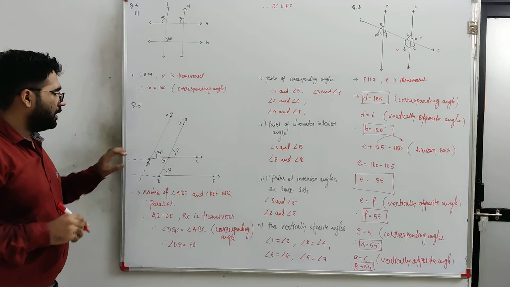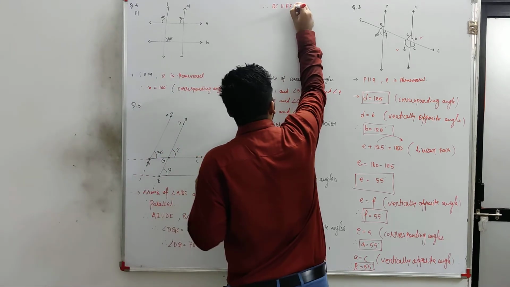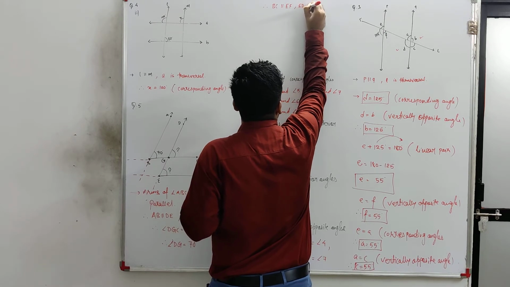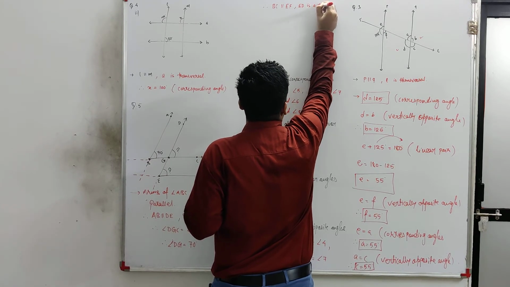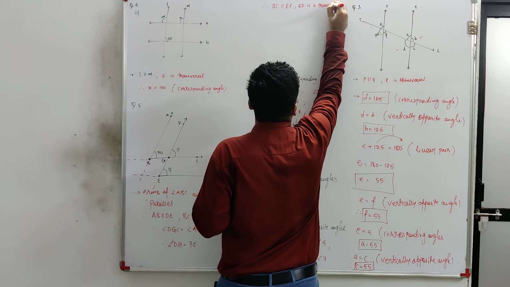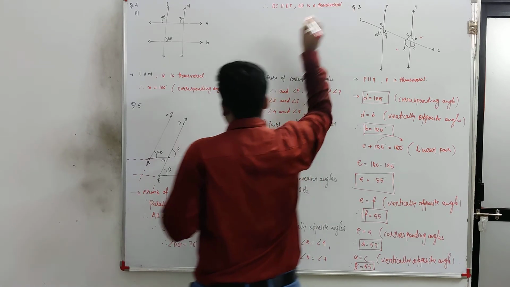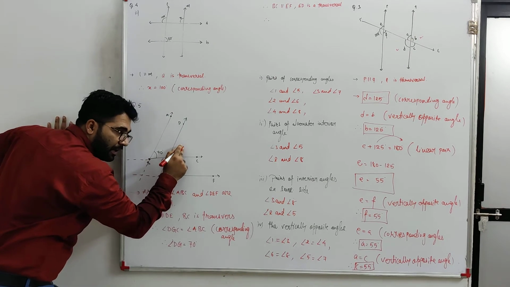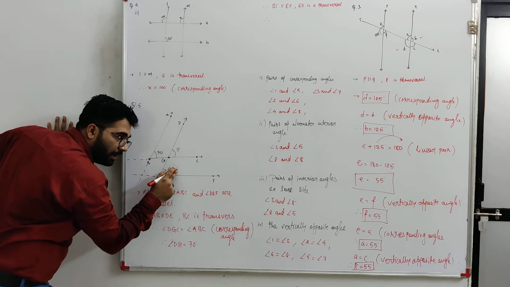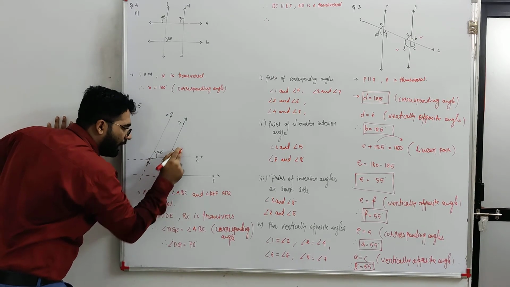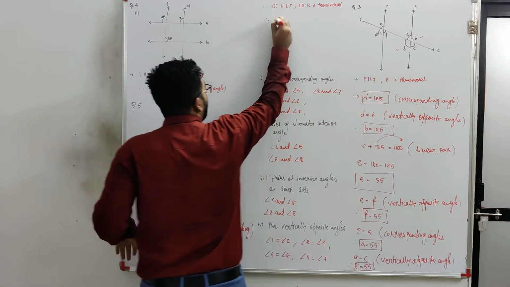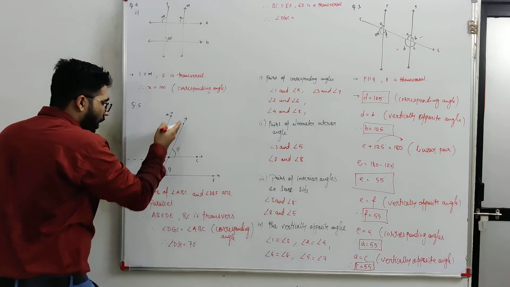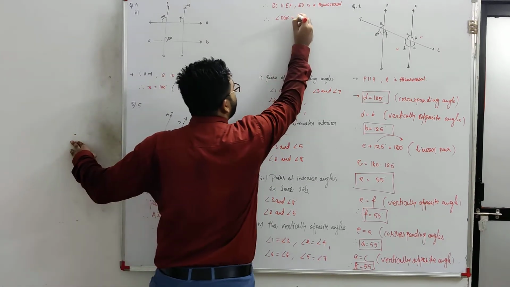If I extend, then ED is a transversal. Therefore, this angle is in the exterior region, this one is in the interior region. So these two are corresponding angles. So angle BGC is equal to angle DEF.